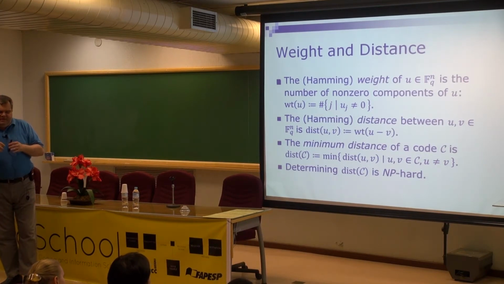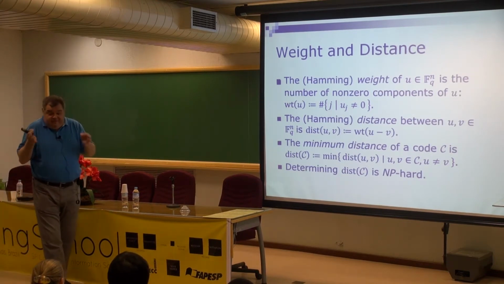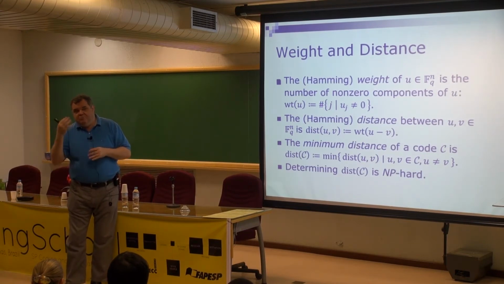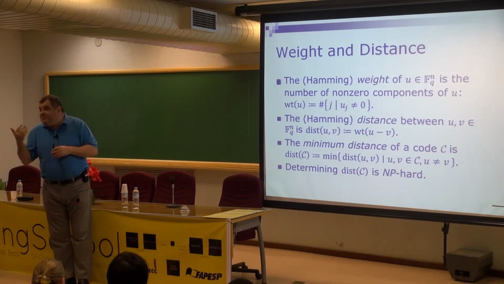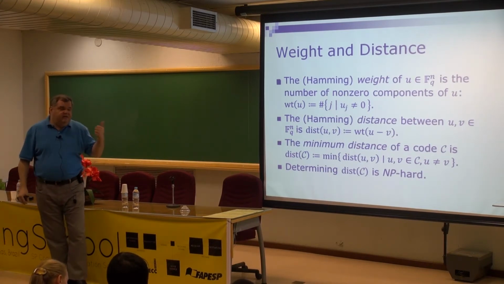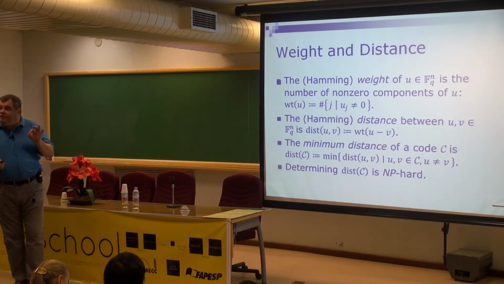Just to make a link between code-based cryptography and lattice-based cryptography, this is actually the main difference between the two areas. When we deal with lattices, the most common notion of distance is the Euclidean distance, and here we will mostly use the Hamming notion.